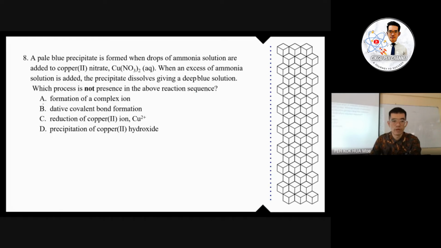We have A, B, C, D. First, what is the pale blue precipitate? This will be copper hydroxide. You may refer to the table in chapter 7. Copper hydroxide is a blue precipitate.